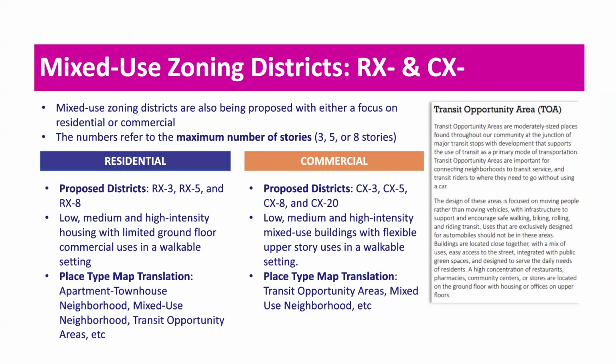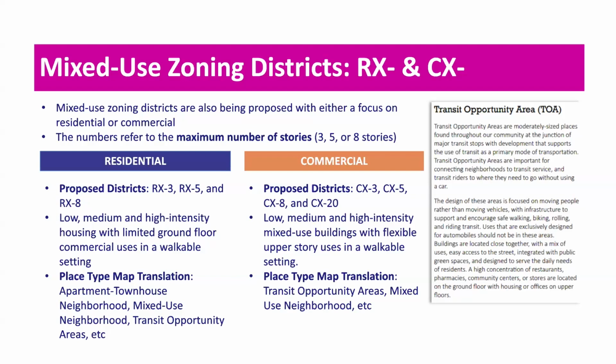And so by using these mixed-use zoning districts, which we've essentially split into RX and CX, the difference being RX is generally focused on residential uses, CX on commercial. The number after the zoning district title in both refers to that allowable height. So RX 3, 5, and 8 allows for 3, 5, and 8 stories.